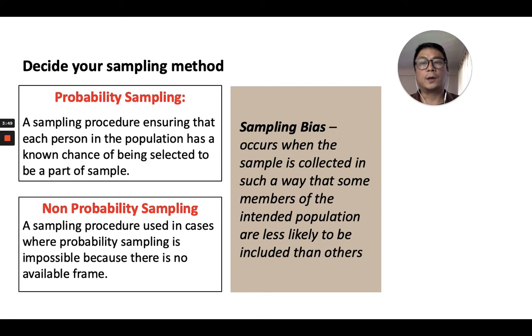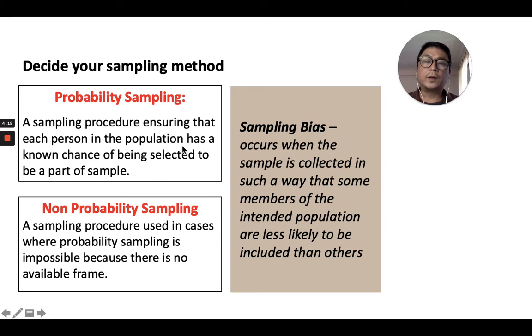Okay, so probability sampling is a procedure wherein each person in the population has a known chance of selection. In non-probability sampling, we do not have a sampling frame or that list of all members of the population. So it's impossible for us to say what is the chance of selection of any member of that population. In such cases, we use non-probability sampling.